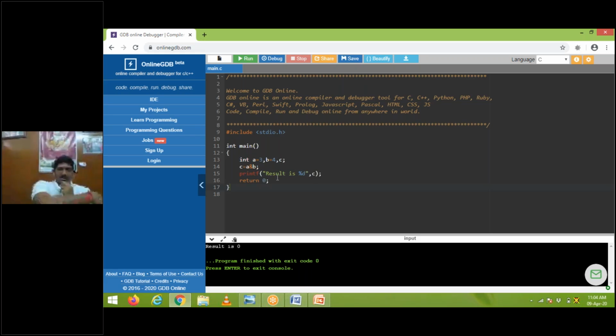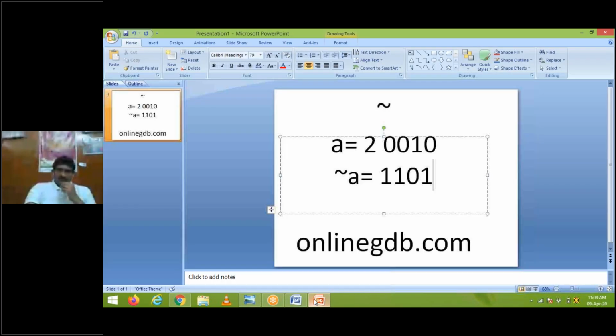The value of 3 is 0 0 1 1, and the value of b equal to 4 is 0 1 0 0.